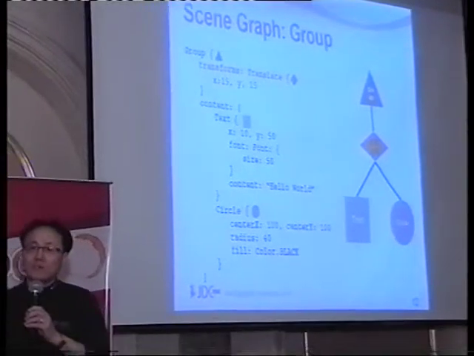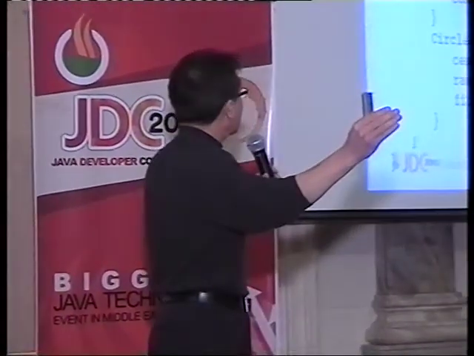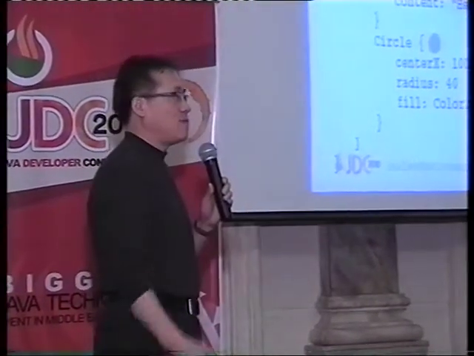There are different kinds of transformation: rotate, translate, and things like that. I'm applying a translate transformation to this branch node. Translate means I want to move this whole branch 15 pixels to the right and 15 pixels downward.